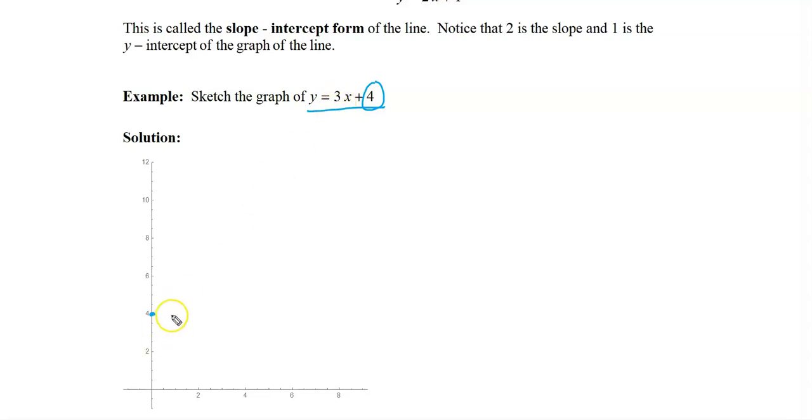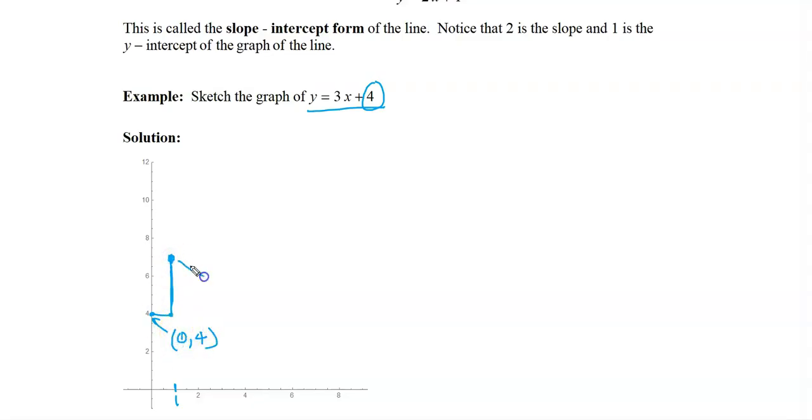So if we go over 1 unit, now this is 1 right here on the x-axis, that means we will go up 3 units. So 5, 6, 7 roughly. Right there would be another point on the line. So this is the point 0, 4.